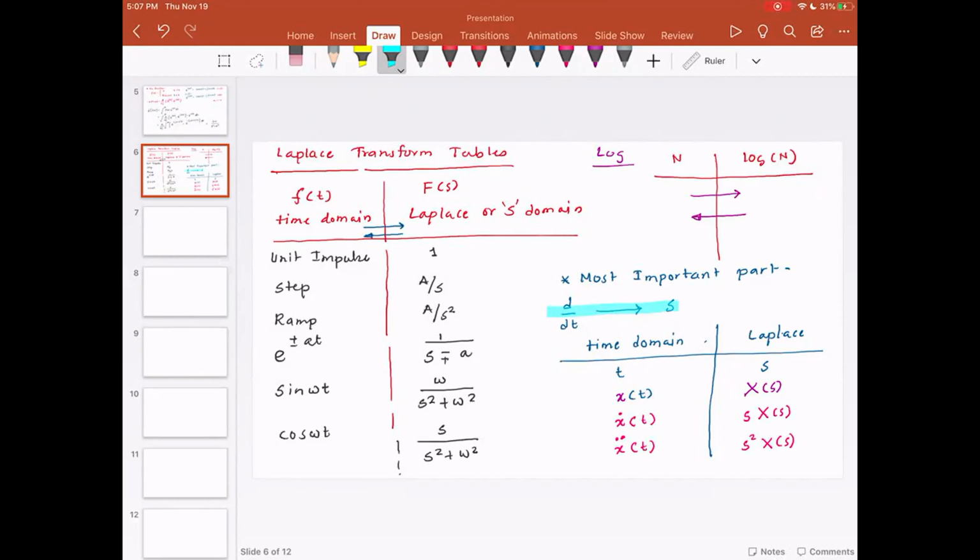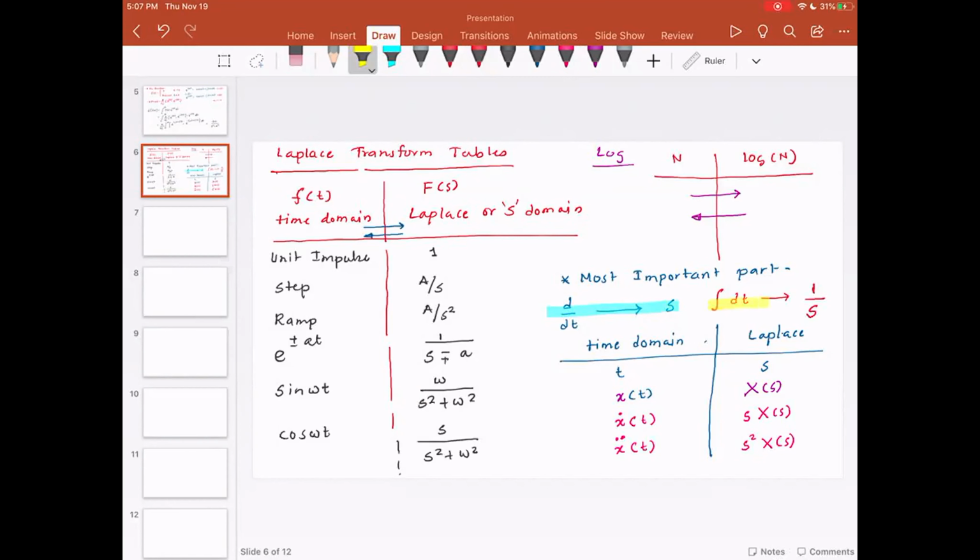That becomes multiplication by s in the Laplace domain. What happens with integration? Integration in time domain is the integral of dt. It is the inverse of differentiation, so it becomes 1 over s in Laplace domain.